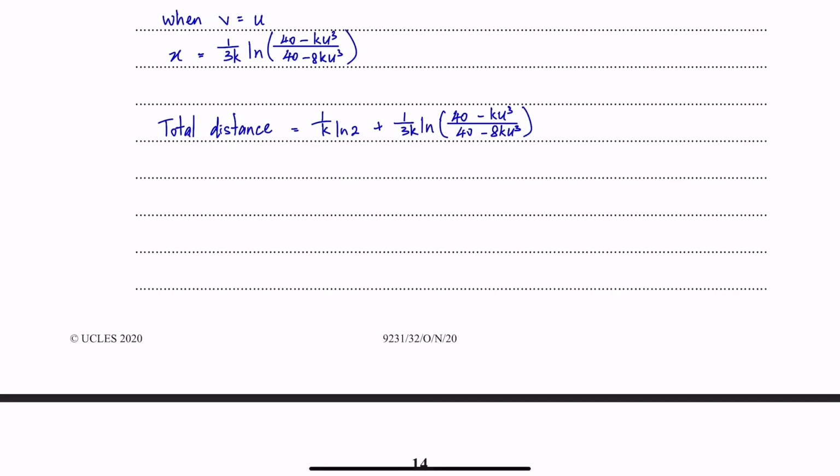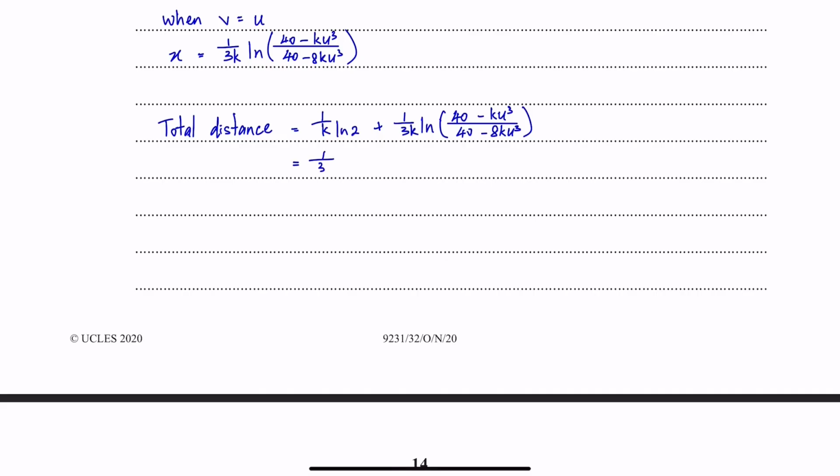To combine it, the coefficient in front should be the same. So we change this into 3k as well.